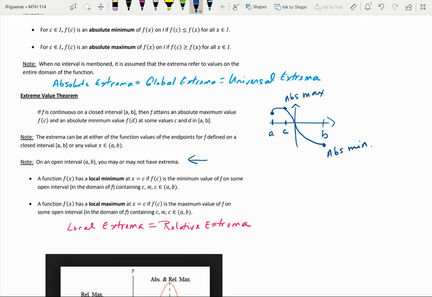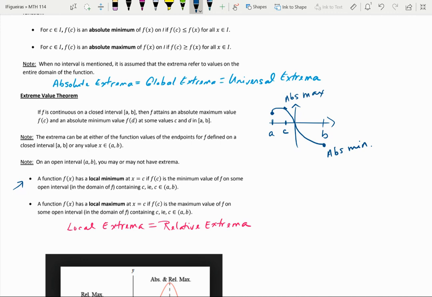In addition to absolute extrema, we also have something called local maxes and mins, or local extrema. A function f of x has a local minimum at x equal to c if f of c is the minimum value of f on some open interval in the domain of f containing c, where c is an element of a, b.